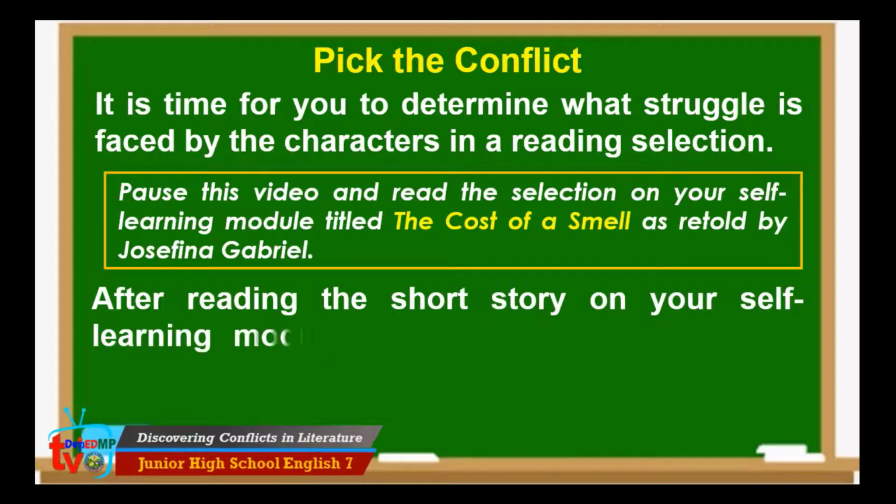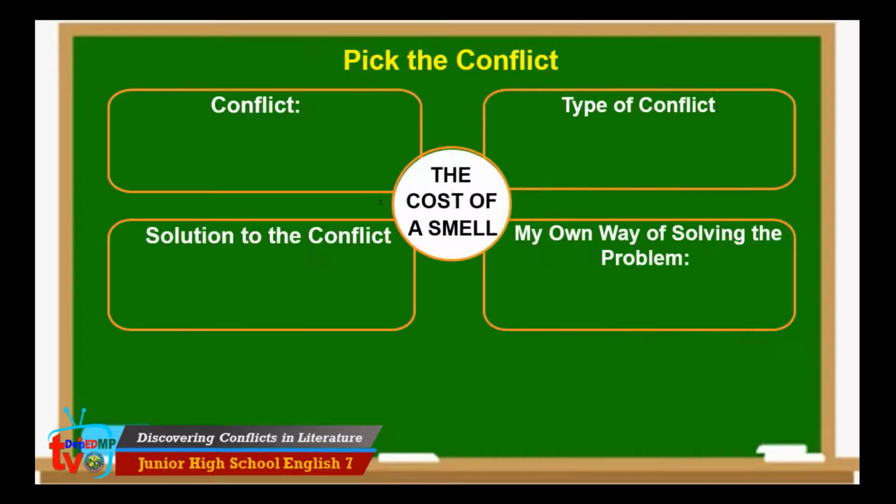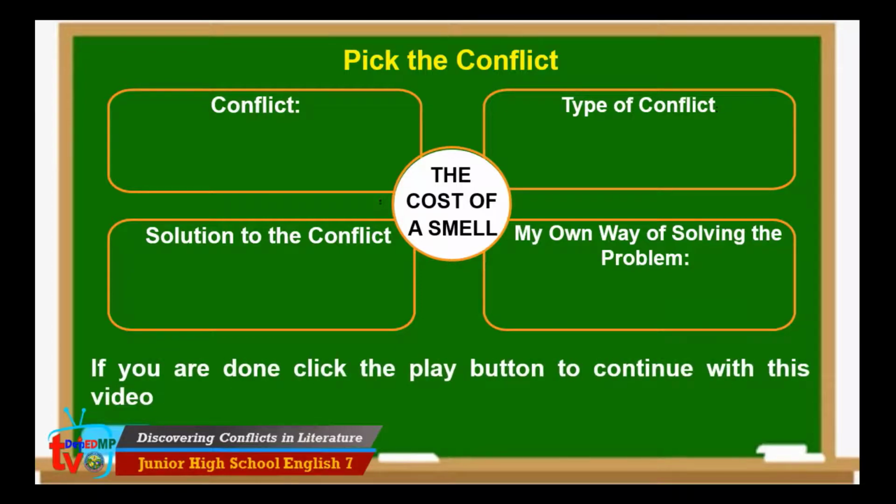After reading the short story, you have to complete this diagram with what is asked on your answer sheet. If you are done, click the play button to continue with this video. Take note that your answers to this task may vary from each other. Teacher will be the one to decide on your score.